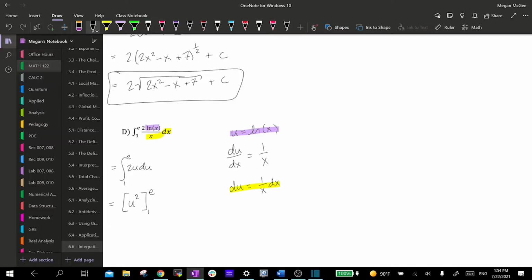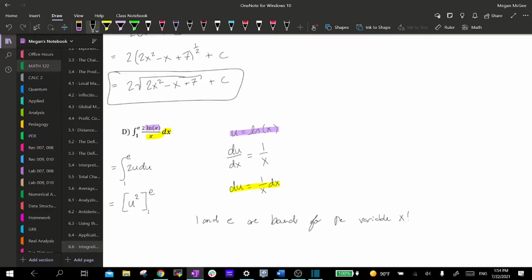All right. The next thing we need to notice is that we can't immediately evaluate at our bounds. And why is that? 1 and e are bounds for the variable x.